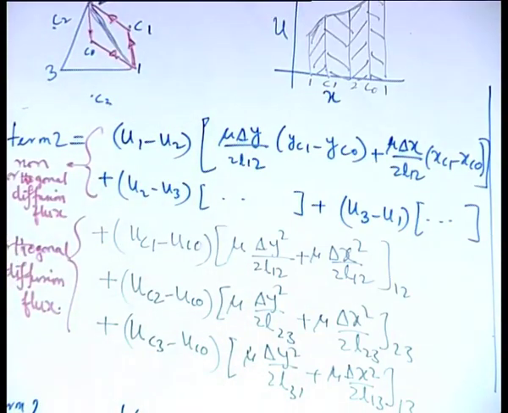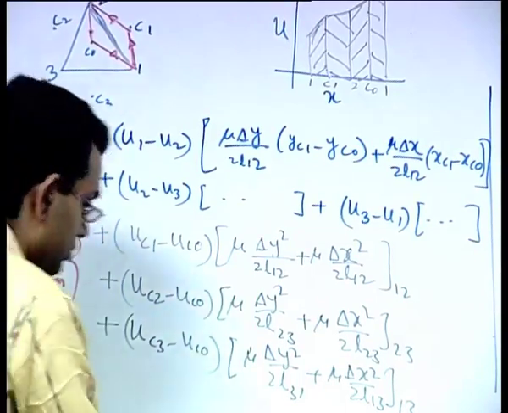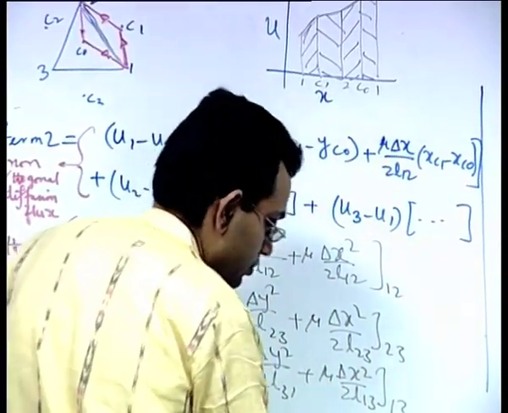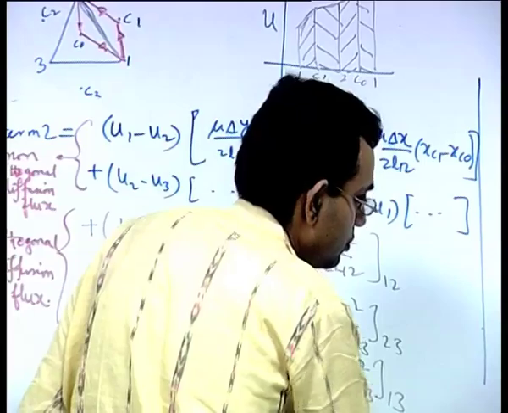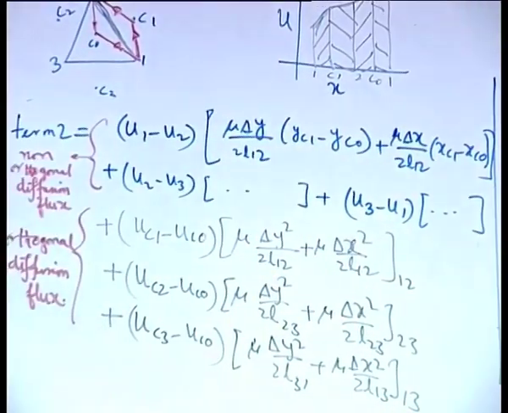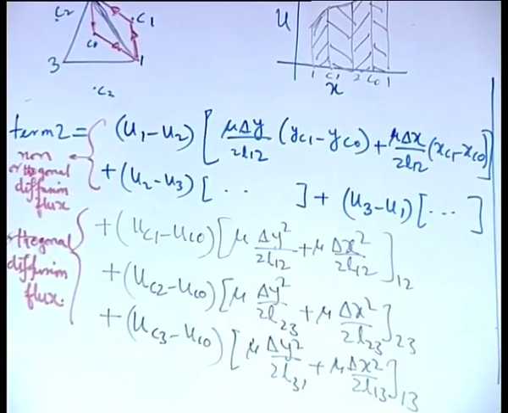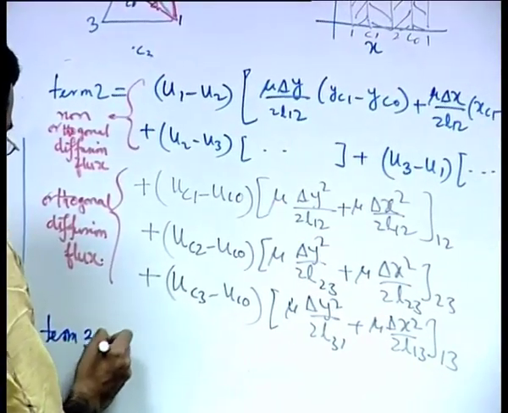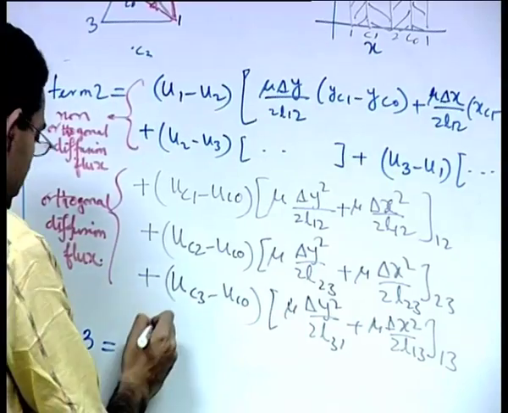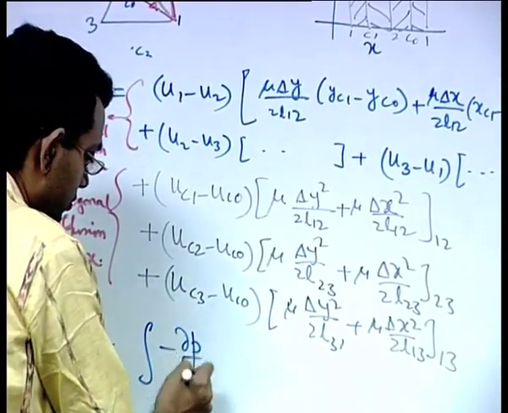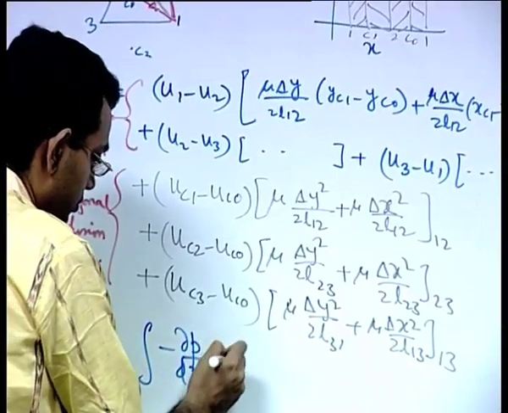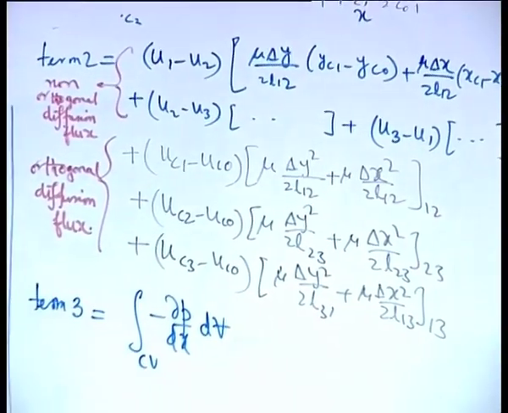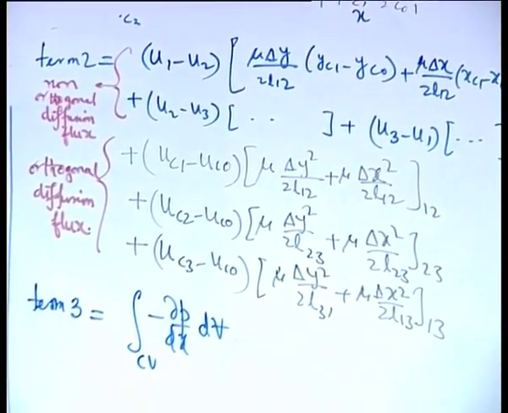Then there is a pressure gradient term. Let us quickly see how we can discretize the pressure gradient term. If we want to make use of the divergence theorem, what we can do?